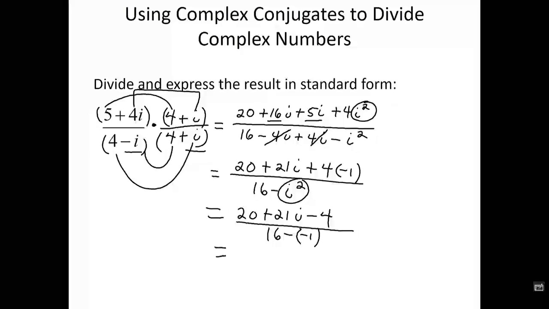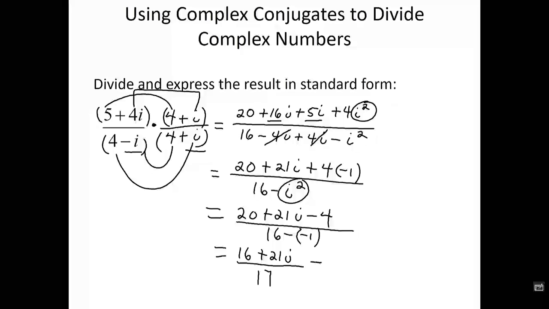Simplifying in the numerator, combining like terms: 20 minus 4 is 16 plus 21i. In your denominator, you have 16, a minus times a minus, 16 plus 1 is 17.